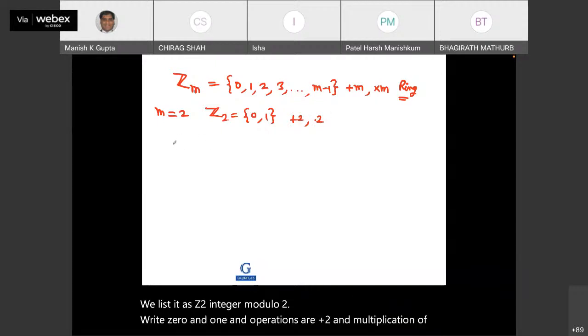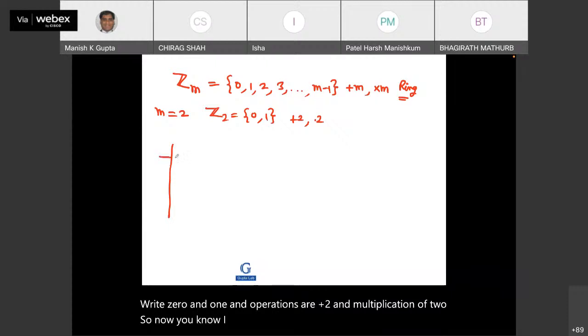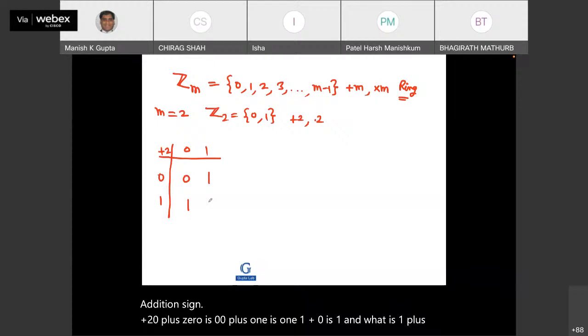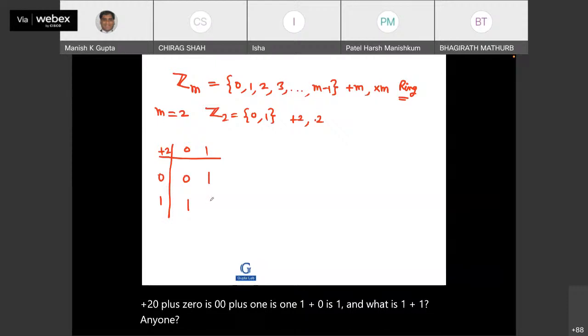I think if you remember, we have done this kind of stuff earlier. Elements 0, 1 and 0, 1, with addition modulo 2: 0 plus 0 is 0, 0 plus 1 is 1, 1 plus 0 is 1, and what is 1 plus 1? Anyone? 0.